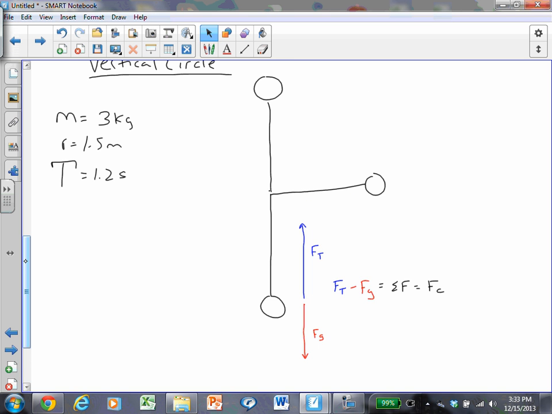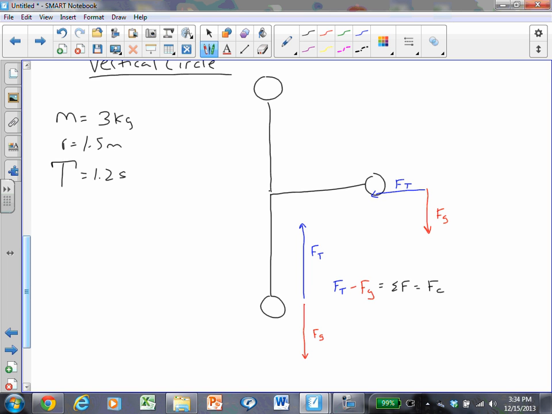In the middle here, your Fg is down, Ft is directed inward.